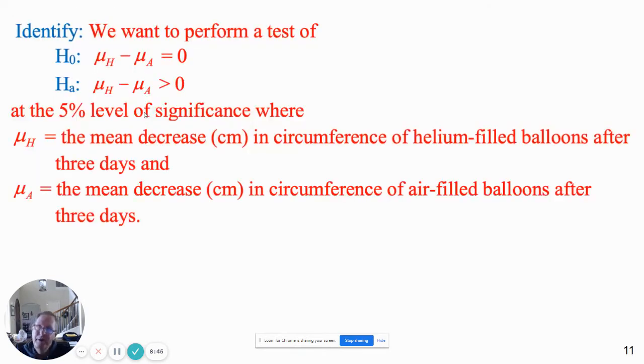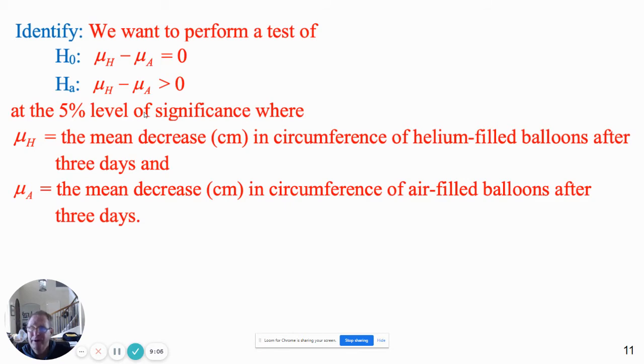Now we have to go to the identify part, and here we're going to identify 2 parameters because we have the 2 different treatments. So mu h is going to be the mean decrease in circumference of the helium-filled balloons, and mu a will be the mean decrease in circumference of the air-filled balloons.